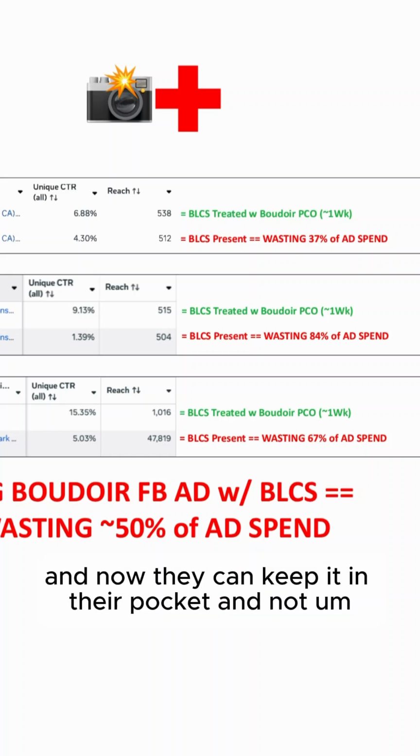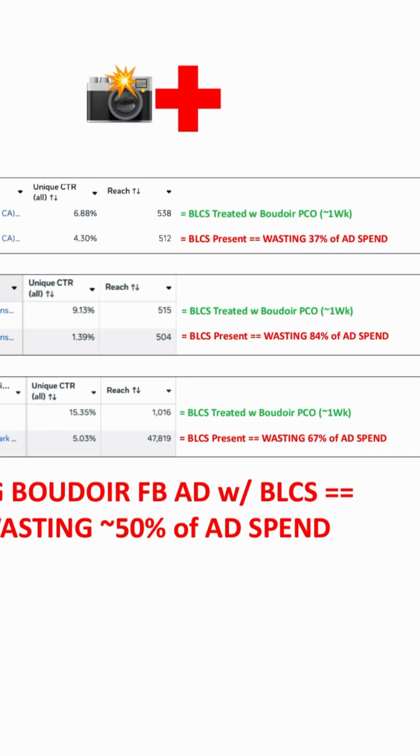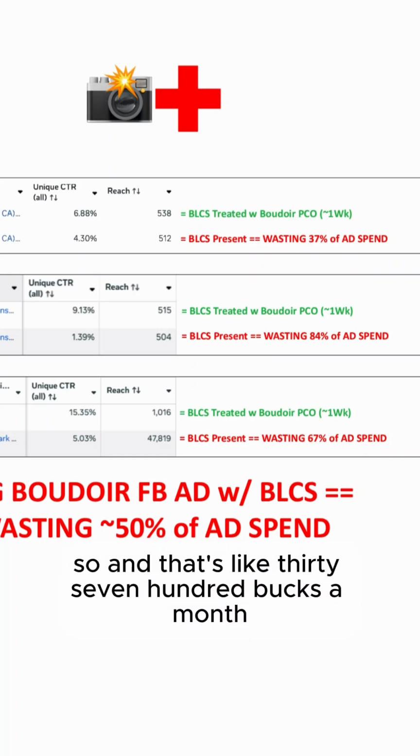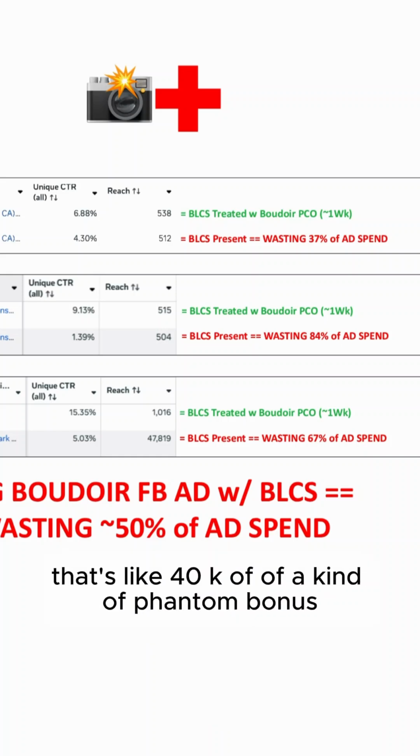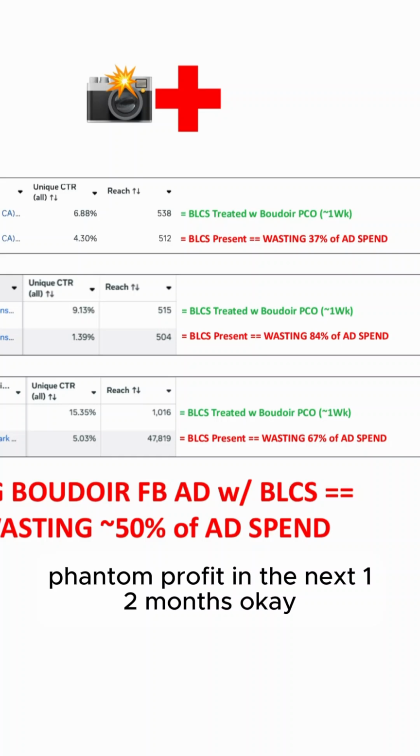And now they can keep it in their pocket and not actually waste it. That's like 40K of phantom profit in the next 12 months.